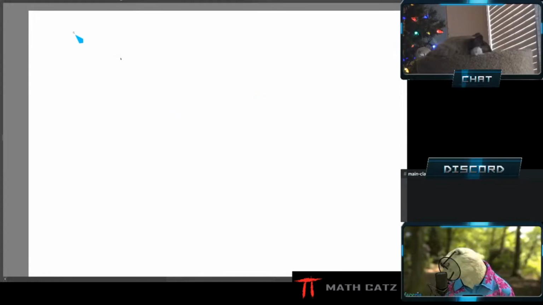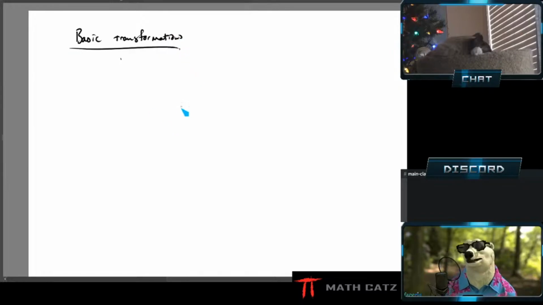Alrighty, so our basic transformations. In all of these transformations, I'm preserving the aspect ratio of the image. It's a similar image, sometimes the exact same, sometimes an enlarged version or a smaller version, but it's always to scale.